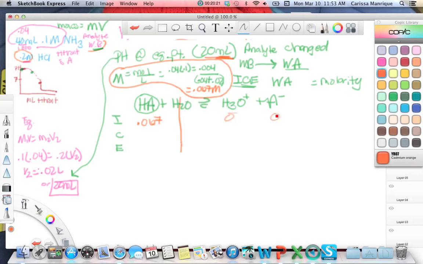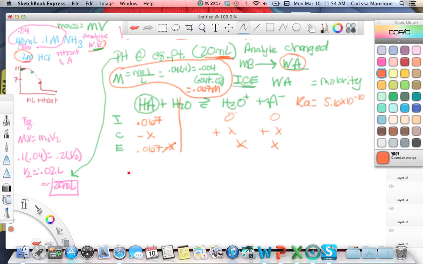0, 0, minus x, plus x, plus x, so that'd be x, x, and then 0.067 minus x. We can get rid of that x. Now let's think: do we use a Ka or a Kb? So we ask ourselves, is this an acid or a base? Well, now we're looking at a weak acid, so we need a Ka, which I gave you as 5.6 times 10 to the negative 10.